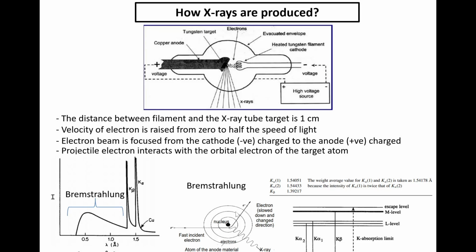So this is your Bremsstrahlung. These are very high energy electrons, not interacting with any electron present in the copper atom. They are going through the empty space near the nucleus and producing X-rays, but they are very low intensity X-rays. But remember, for crystallography we require very high intensity X-rays.